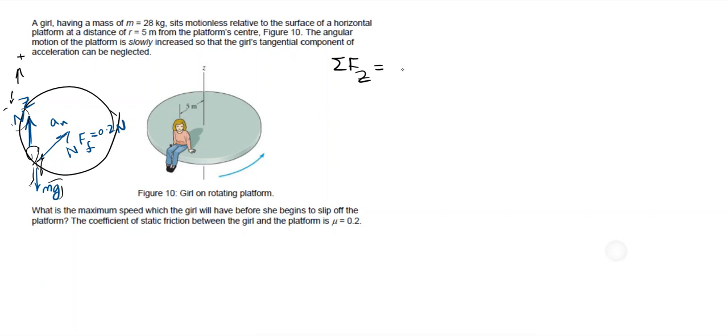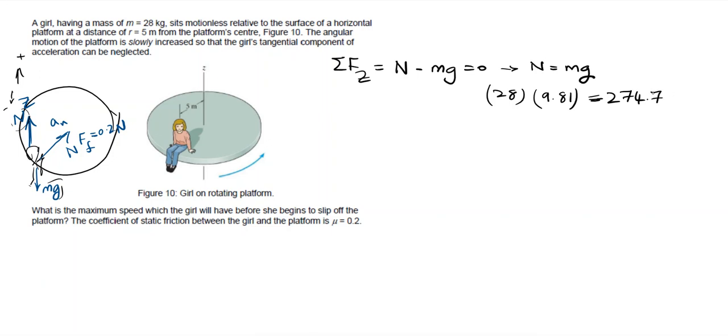So N minus mg is equal to 0, so N is equal to mg. The mass of the girl is 28 kilograms times 9.81, which is equal to 274.68 Newtons.